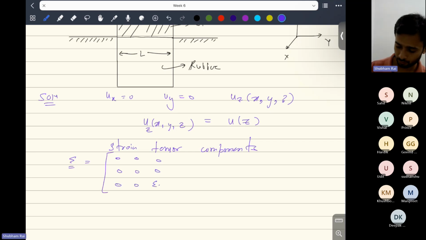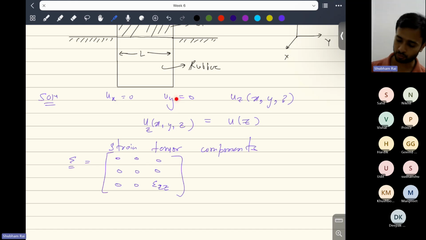You can just try to find out. Very easy, because the first component is del ux by del x, so that is zero. Here you have half of del ux by del y plus del uy by del x.